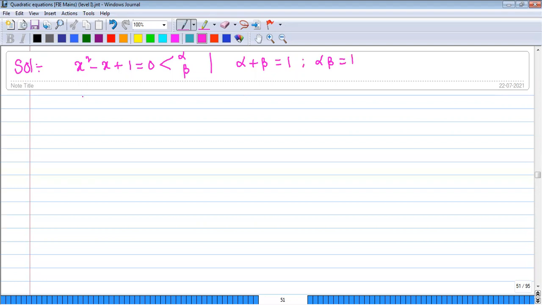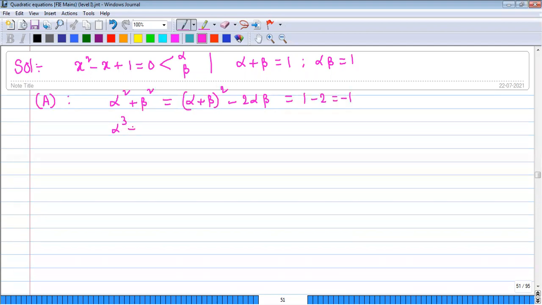We need to find alpha to the power of 5 plus beta to the power of 5 for the assertion. First find alpha square plus beta square, which is alpha plus beta whole square minus 2 alpha beta. That is 1 minus 2, so minus 1.